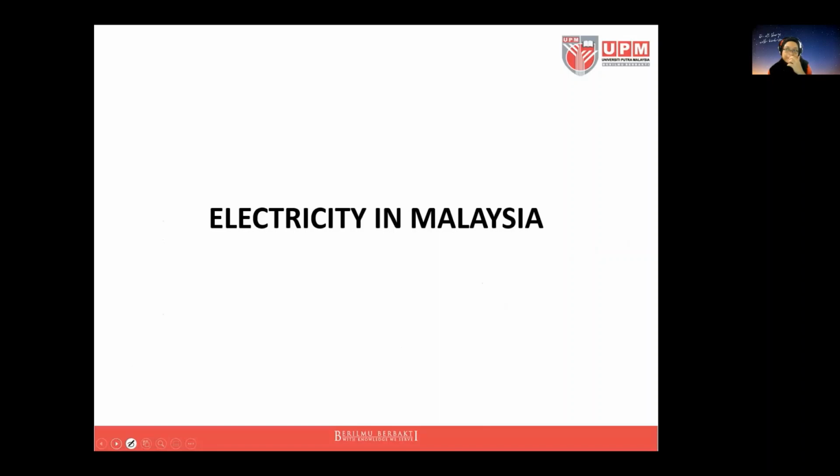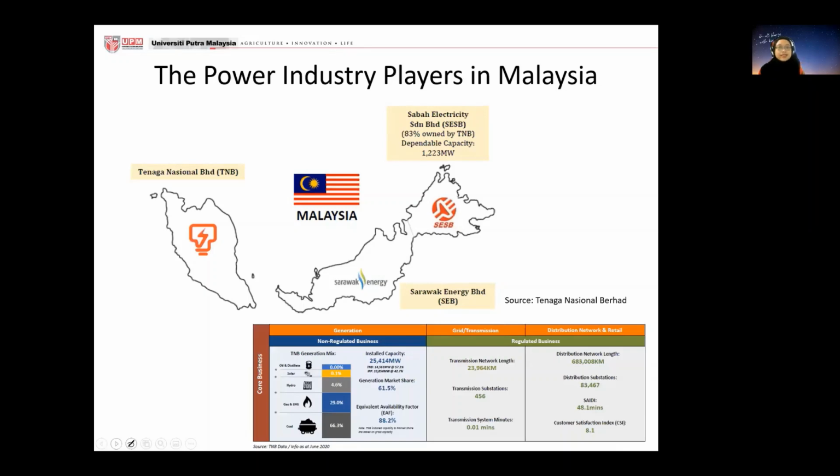So that's the basics of what's normally happening in power systems. Now we will look a bit more at what's happening in Malaysia. In Malaysia, we have many players, not only TNB. The biggest power industry player, of course, is Tenaga Nasional Berhad, TNB.